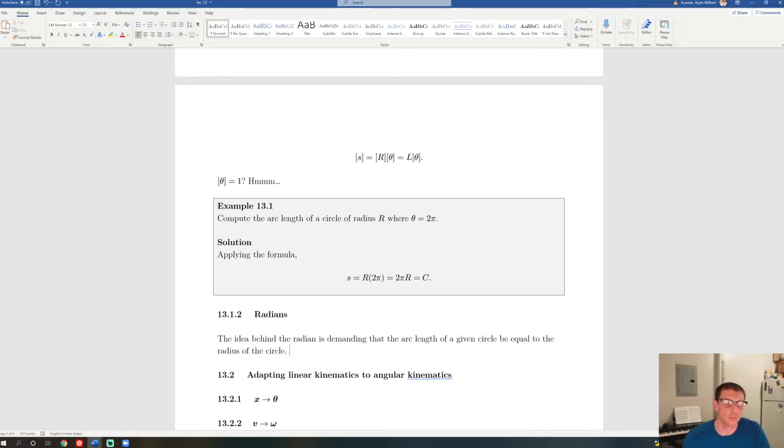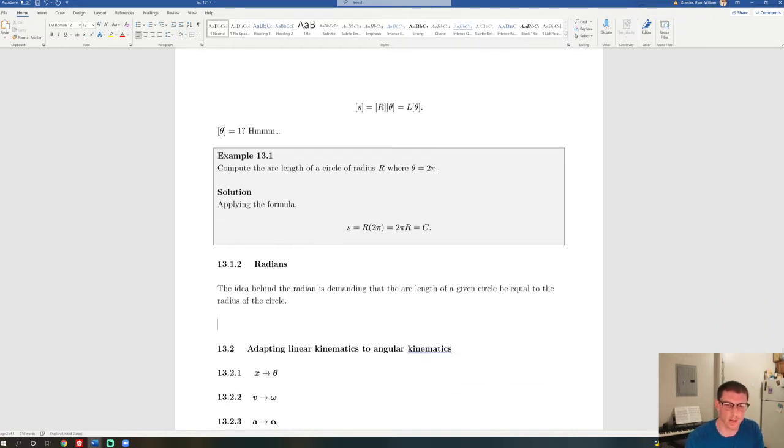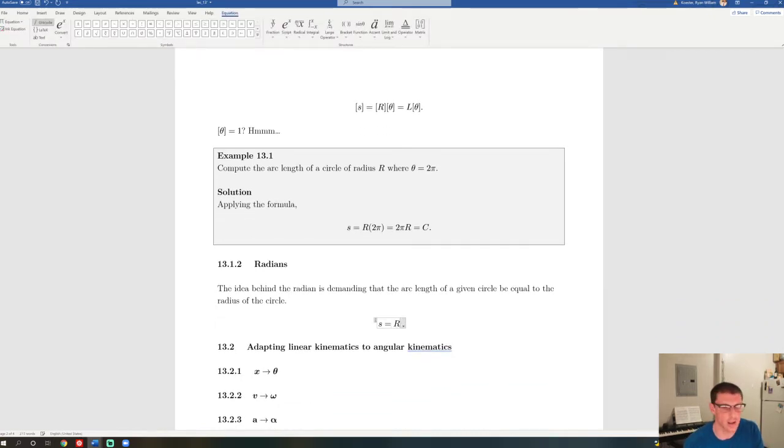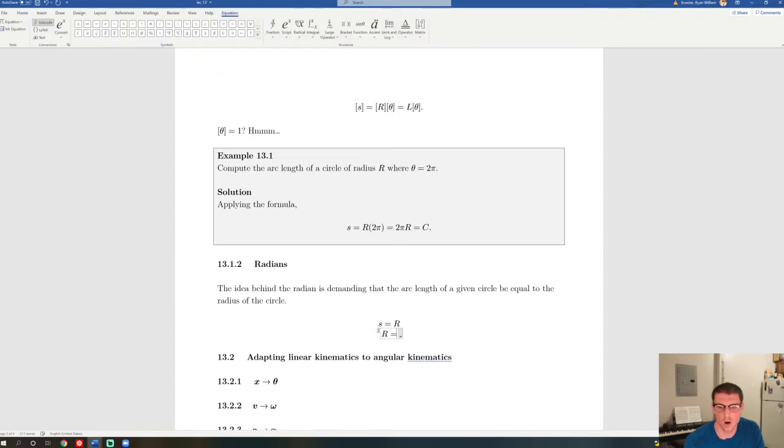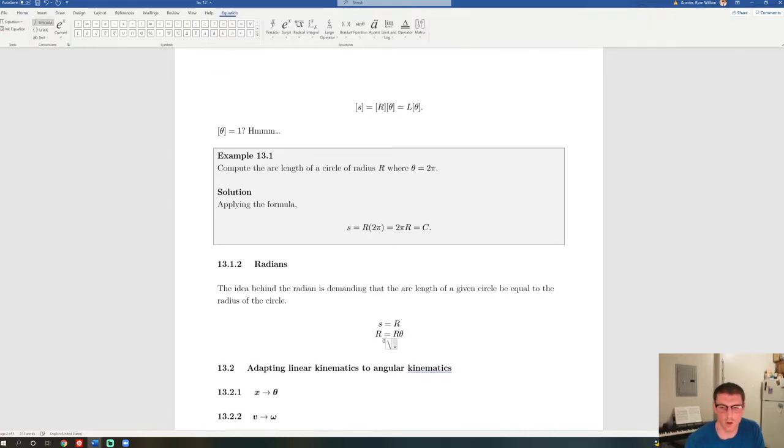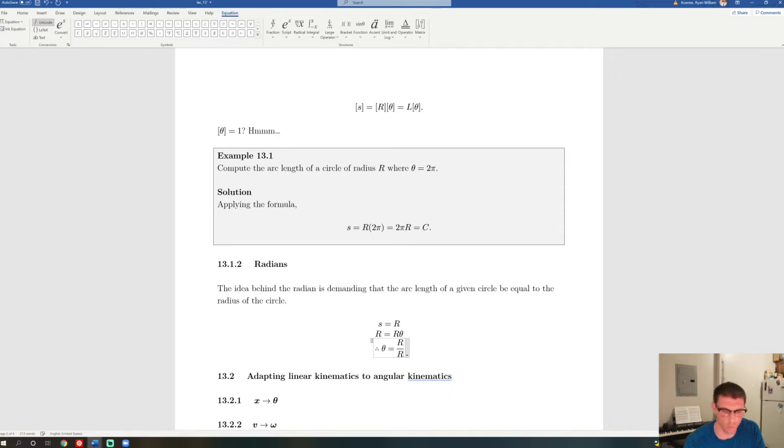And so what this looks like is we just say, well, S has to equal R now, and S equals R theta, so therefore theta equals R over R, which is of course 1, and this is what gives us 1 radian.